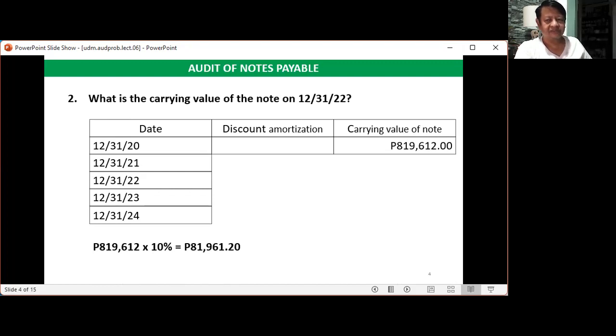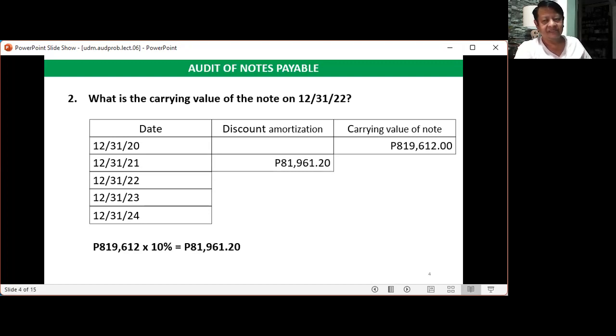So according to the problem, the interest is 10%. So 10% of 819,612 is 81,961.2. So that amount will be placed in the discount amortization column.